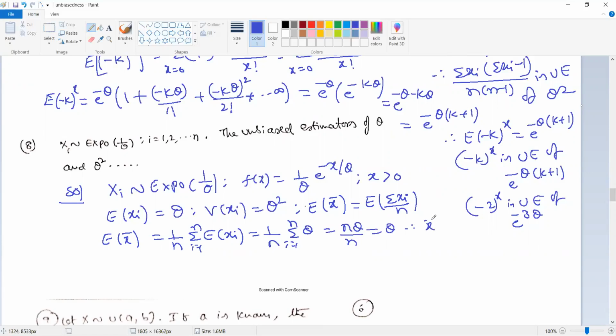Therefore x bar is an unbiased estimator of the parameter θ.